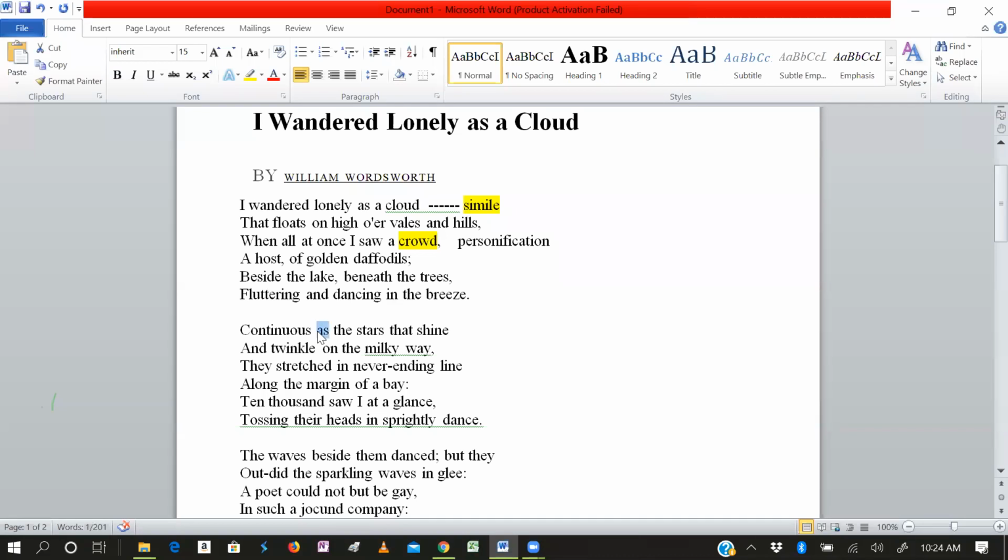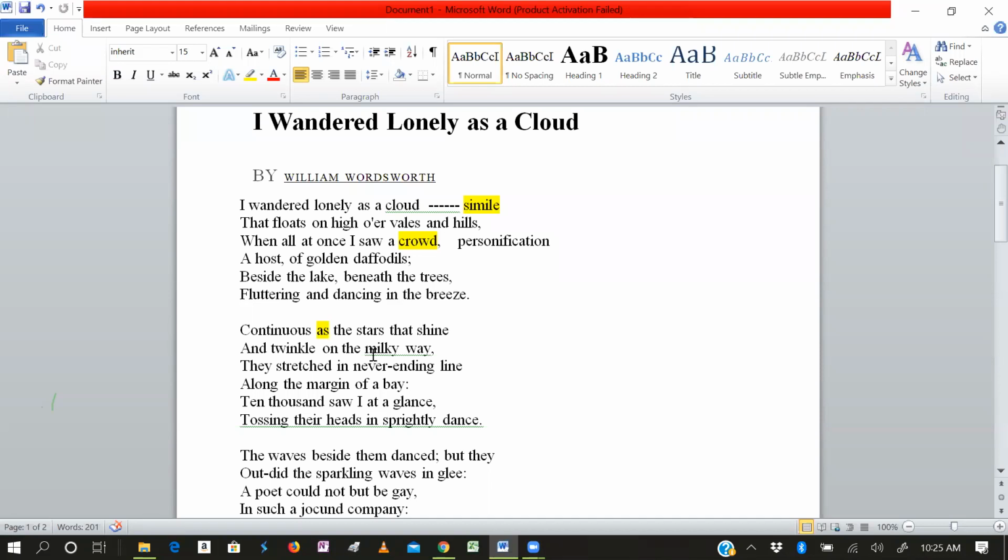Again, look at this: continuous as the stars. Why is the word as used? It means a comparison is being shown. As and like, two words, I have told you, mean that we are using the simile. Continuous as the stars that shine and twinkle on the Milky Way. He is telling about the stars twinkling on the Milky Way, a galaxy that contains our solar system.